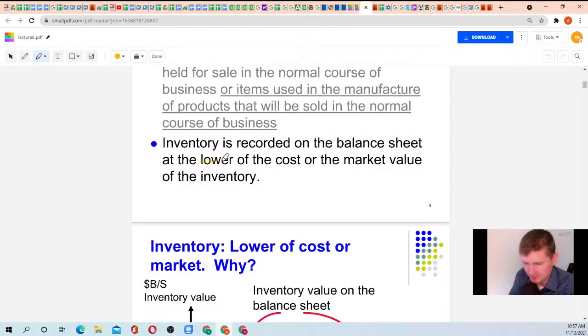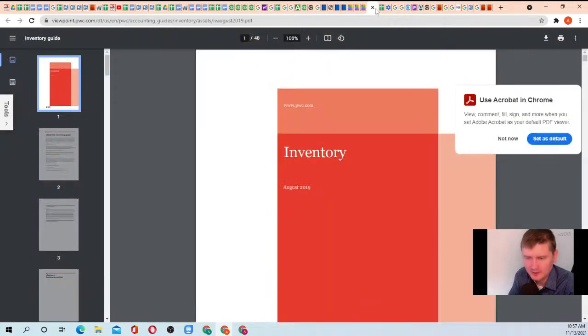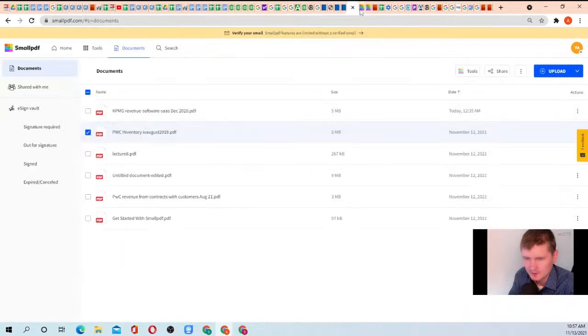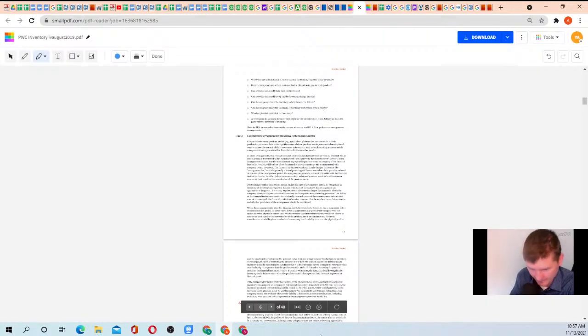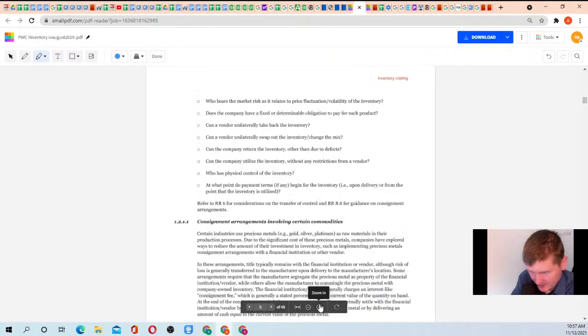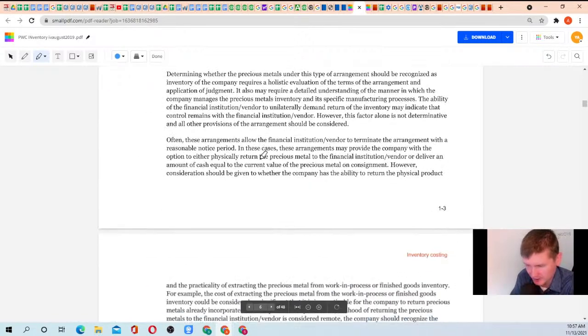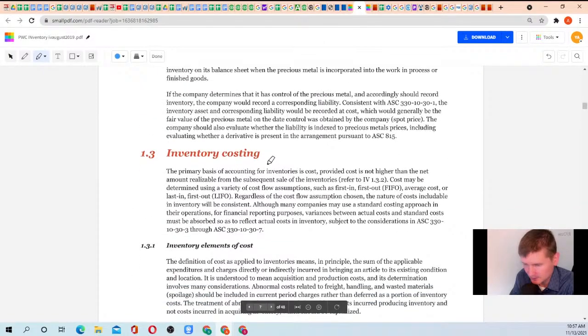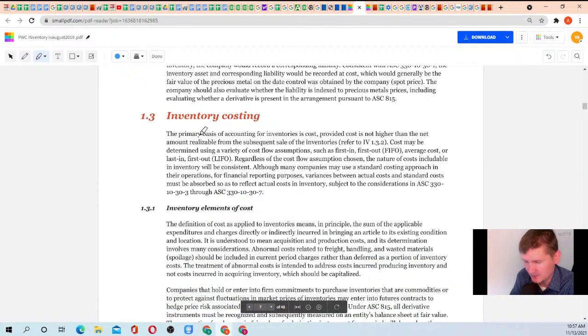In a new standard, they updated it to net realizable value. Okay. Inventory costing. The primary basis of accounting for inventories is cost.